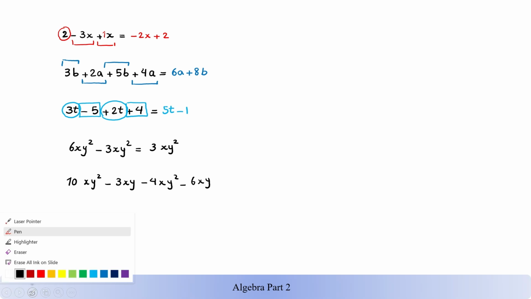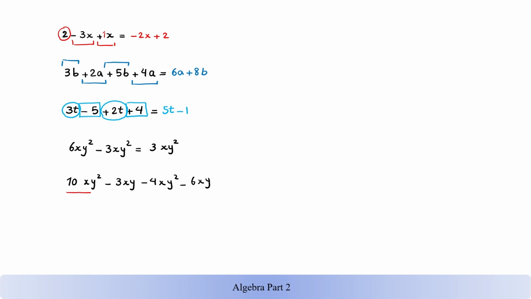So remember, this one is xy squared and this one is just xy. So all xy squared terms should be together. I mean, this first one and the third term are together. And this one, which is minus 3xy, is a like term with minus 6xy.